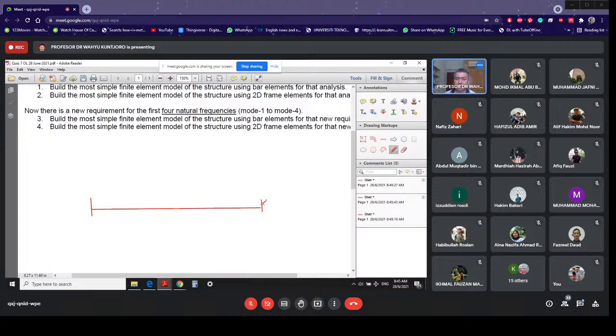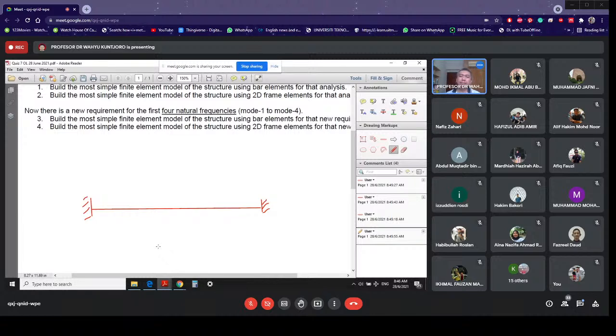So this is the support over here on the right and also on the left. Now the first question is that you want to build a finite element model using bar elements that we can extract three natural frequencies.